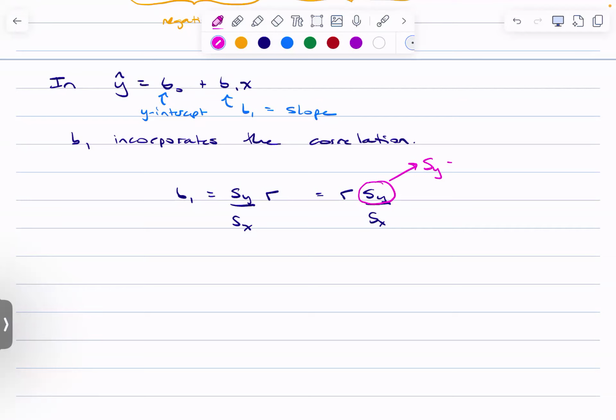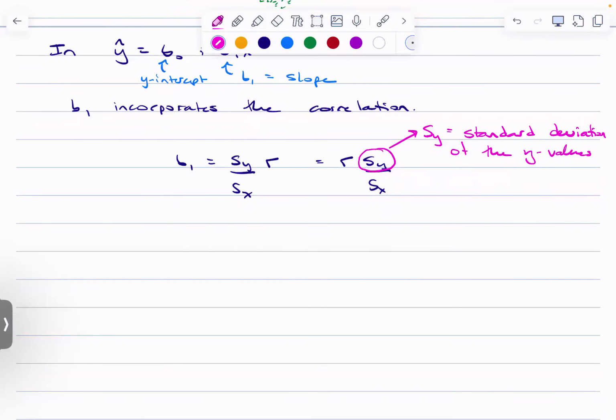And so here, this is the standard deviation of the Y values, which you would use Excel to calculate or some software, right? And then S subscript X is the standard deviation of your X's.